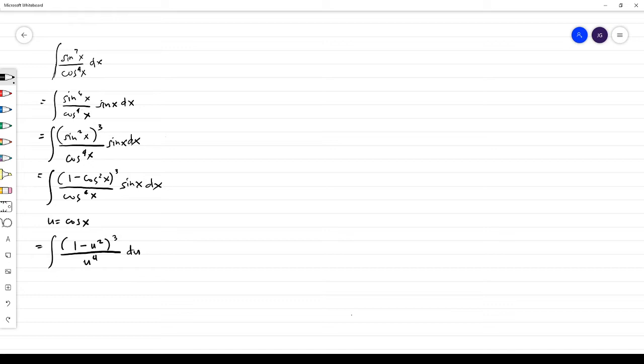Take note, from this equation, we need to expand our numerator. Either you can use 1 minus u squared multiplied three times, then expand, or you can use Pascal's triangle.